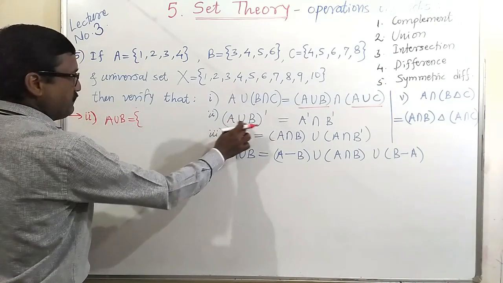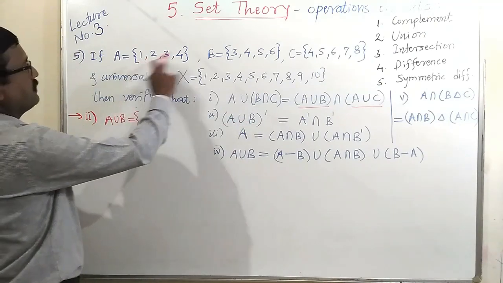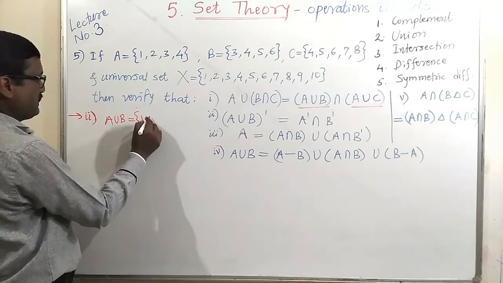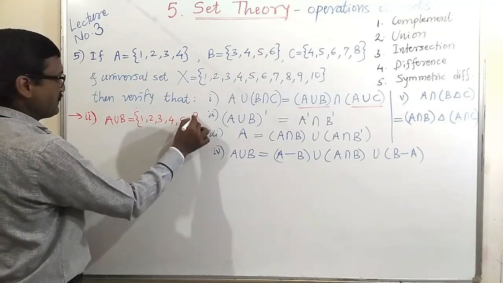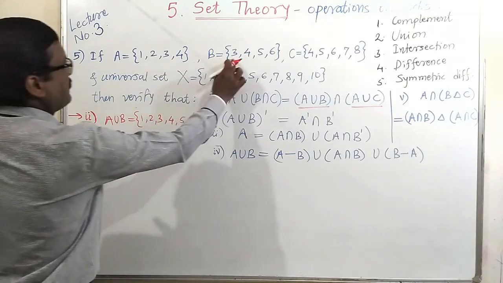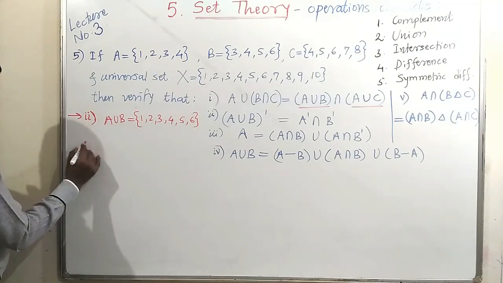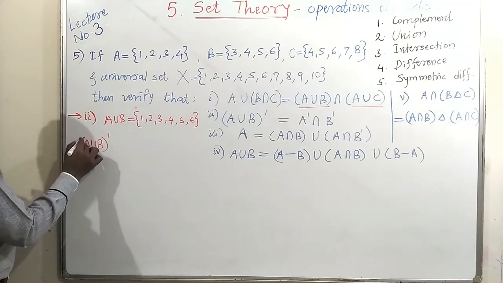Before finding this complement we will just write only A union B. That is the union of these two, which is nothing but the set containing all the elements. That is once again 1, 2, 3, 4, 5, 6. Here 3, 4 get repeated. Now therefore A union B complement.